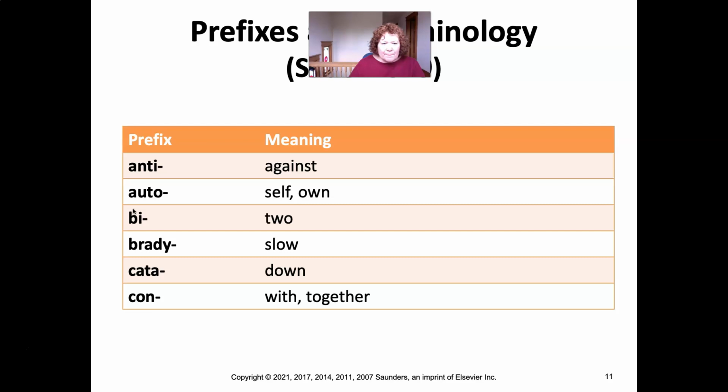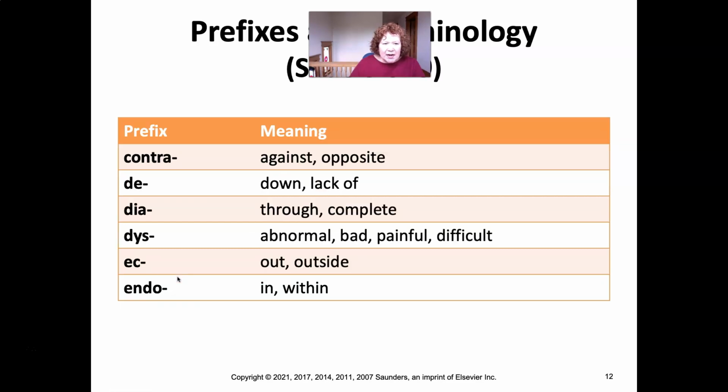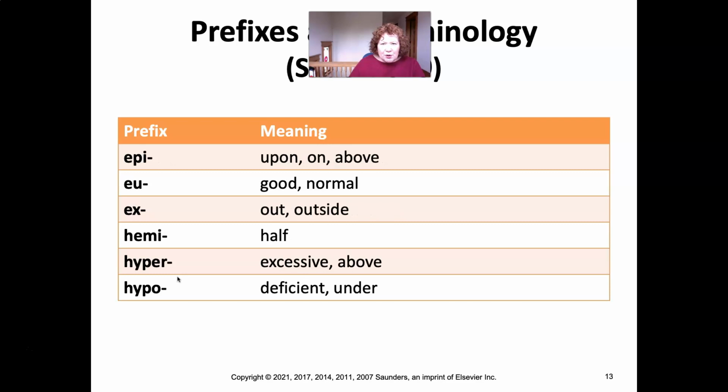Auto, bi, brady, cata, con, contra, de, dia. Notice the difference between de and dia. They're spelled differently, but they sound very closely the same, so you're going to have to be careful with that. They mean different things. Dis, ec, endo, epi, eu, ex, hemi.